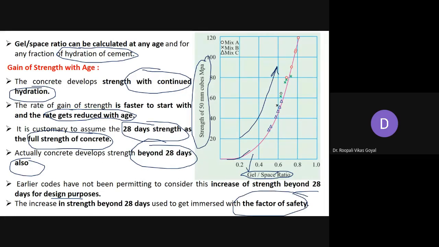Though this gain of strength takes place beyond 28 days, the quantity of increase depends on the grade and type of cement used, and the curing and environmental conditions. The design should be based on the 28 days characteristic strength of concrete, unless there is evidence to justify a higher strength for a particular structure due to age. So generally for design purposes, we use the 28 days strength.